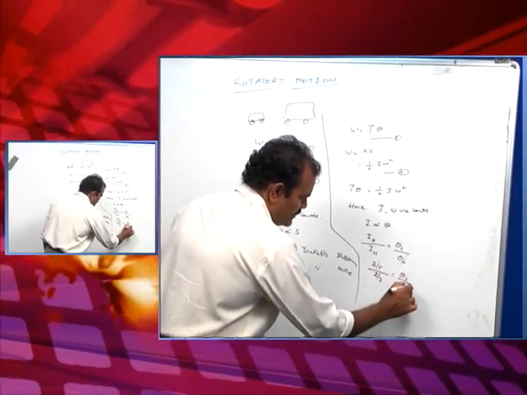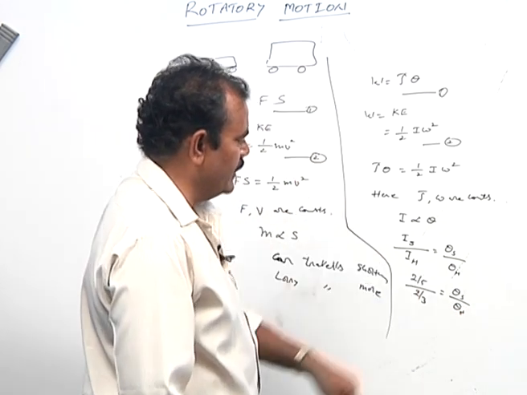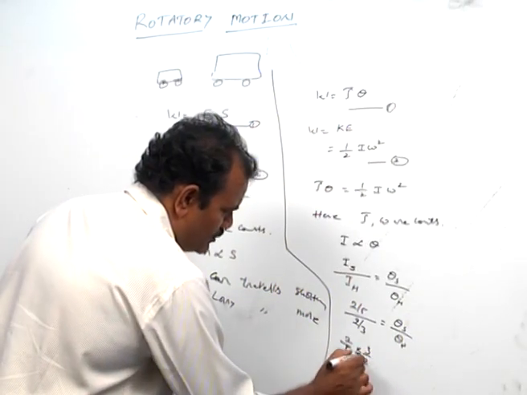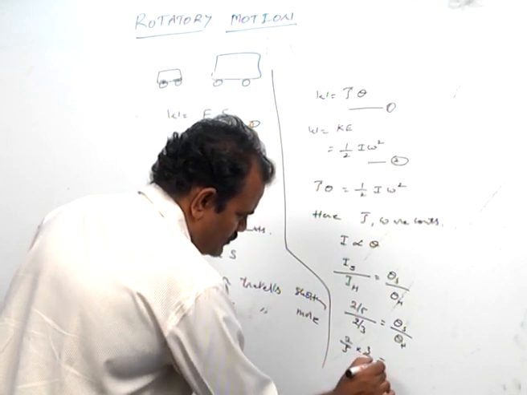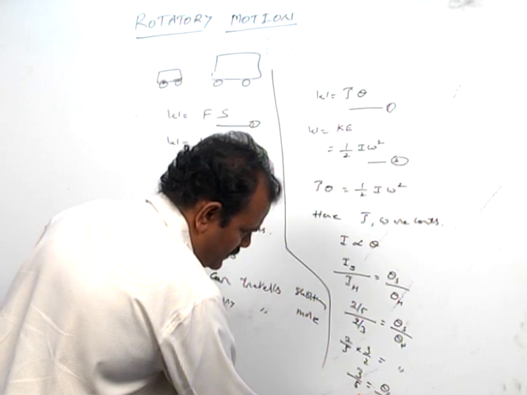So theta S by theta H is 2 by 5 into 3 by 2. Now 2 will be cancelled, so it will be 3 by 5 only. So 3 by 5 is equal to theta S by theta H.